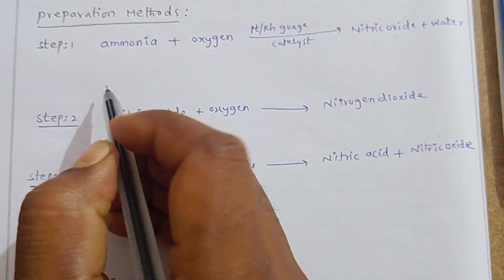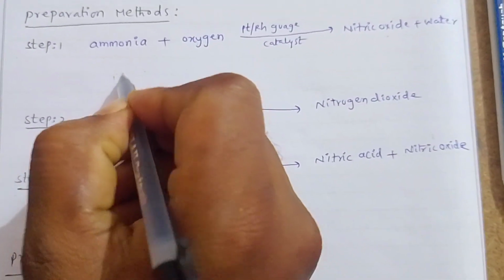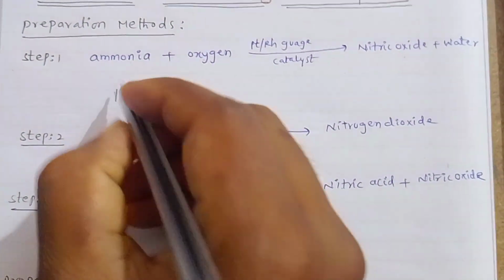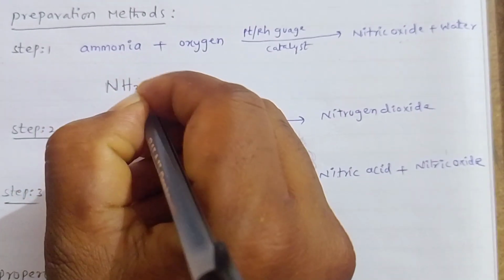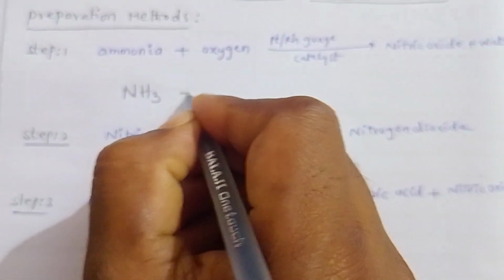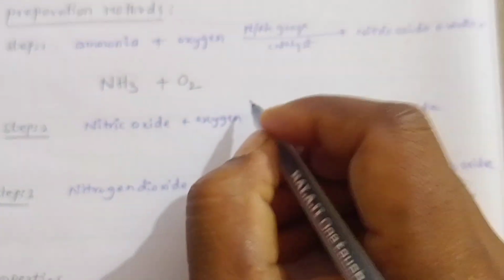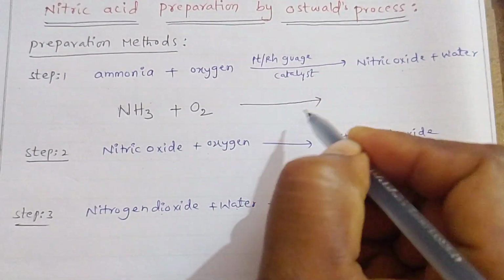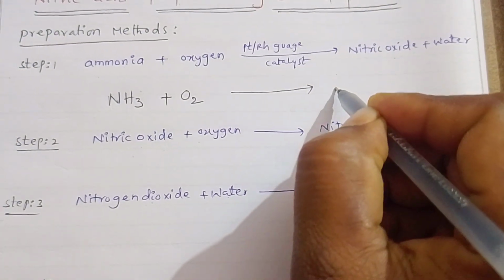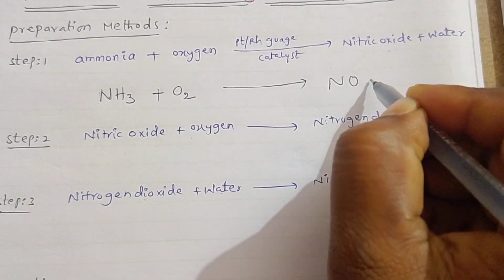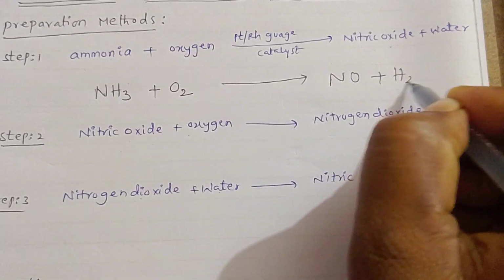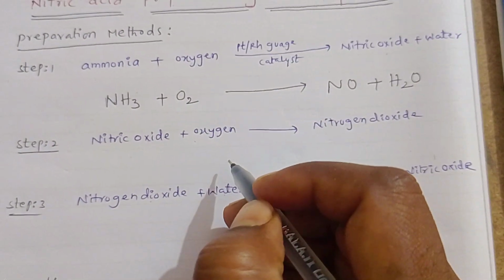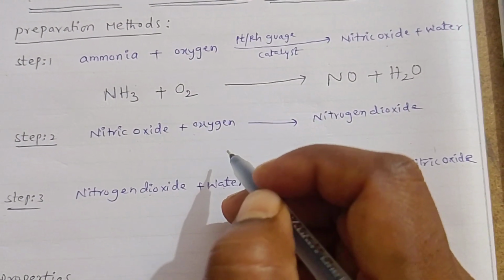So we need to represent it in equation form. First ammonia, formula NH3, plus oxygen, molecular formula O2, and then it gives nitric oxide plus water. So we need to balance the equation.